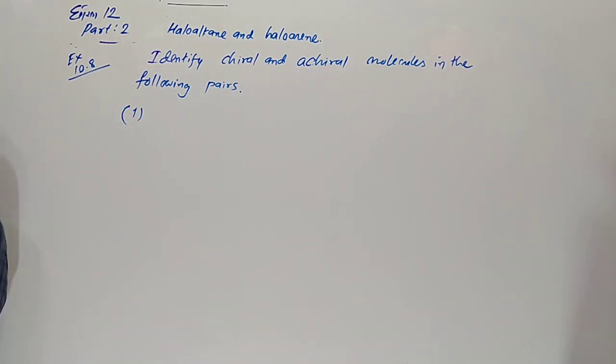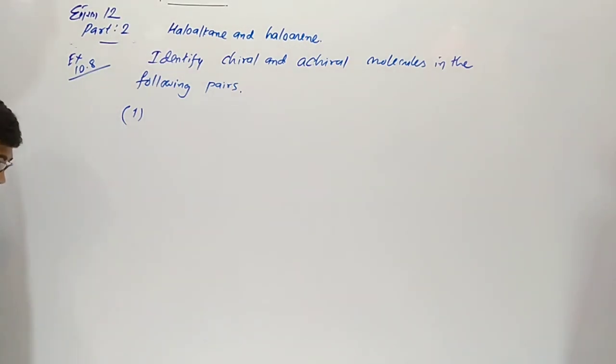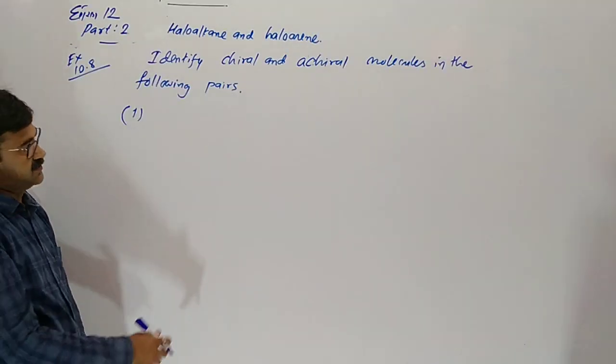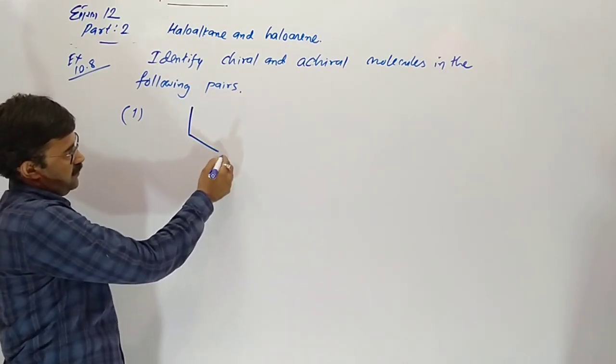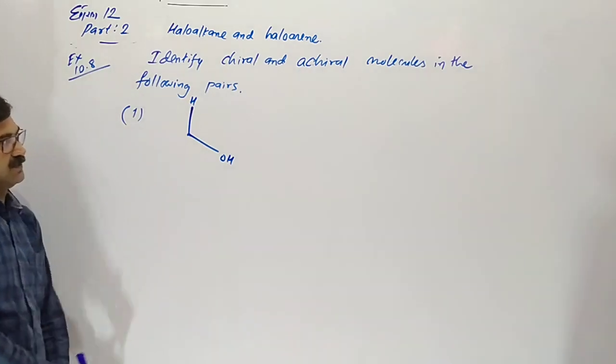Chiral carbon means a carbon attached with 4 groups in which all the 4 are different. Here OH and H. Now we know this one is our carbon.